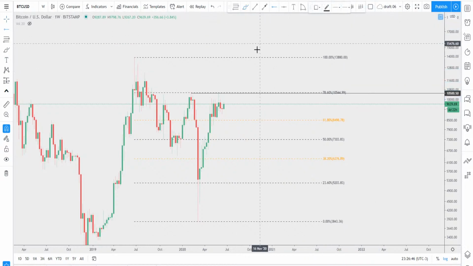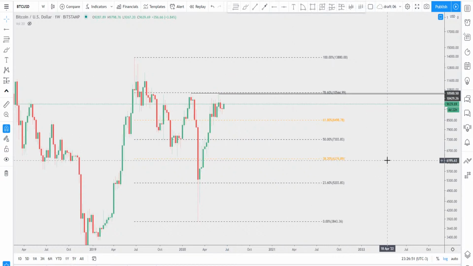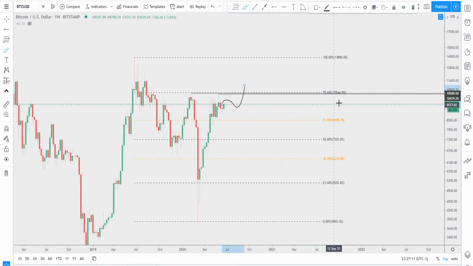The second one that I also highlighted before was $71 below, with a strong rejection and a straight bearish candle. The key thing here is we don't have technical evidence for any move above 10,544.